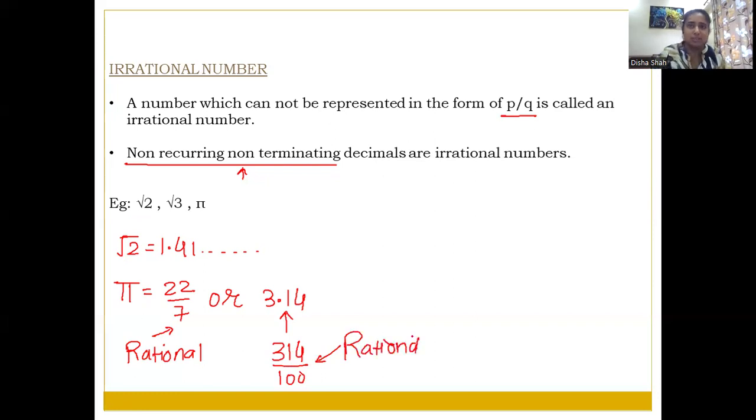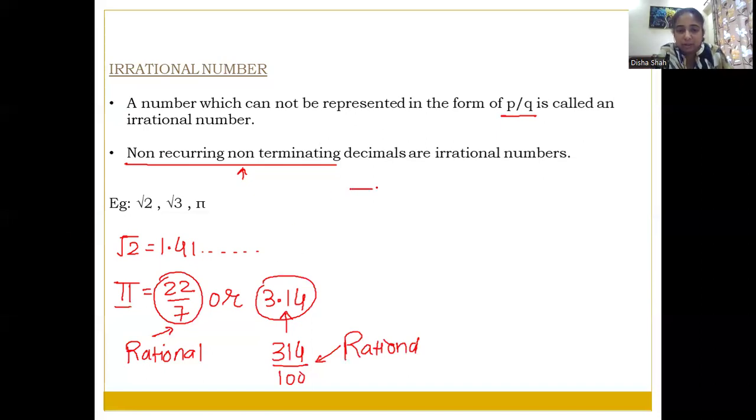So the question arises here that if 22/7 or 3.14, which is the value of pi, if these two values are rational numbers, then how come pi is an irrational number? जब pi की वैल्यू 22/7 है तो वो रैशनल नंबर क्यों नहीं है?